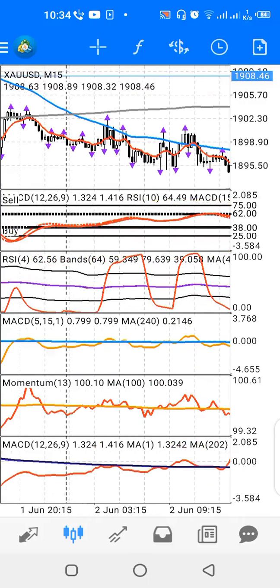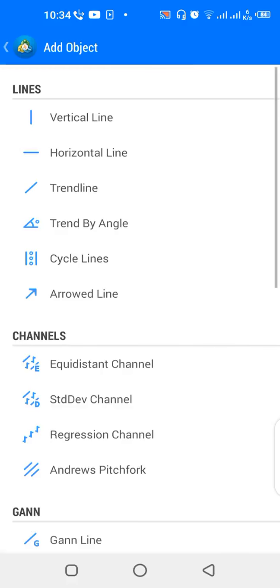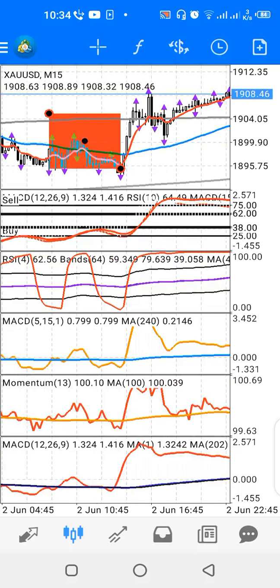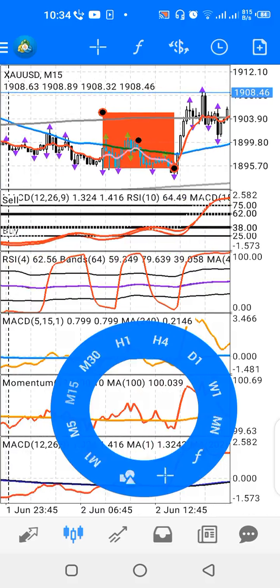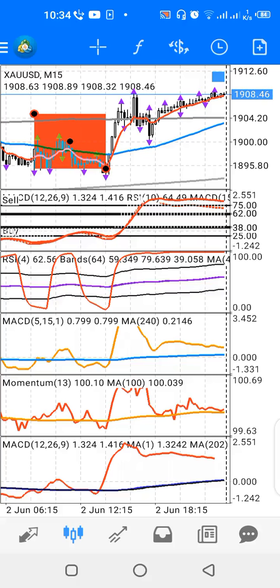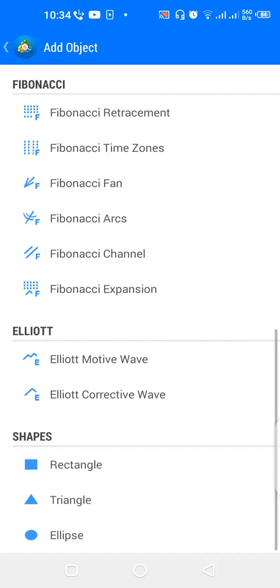All right, so I have the main window. There's the main window. I have indicator window 1. This is indicator window 1. I have indicator window 2.